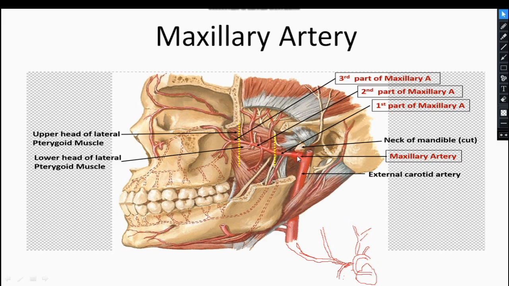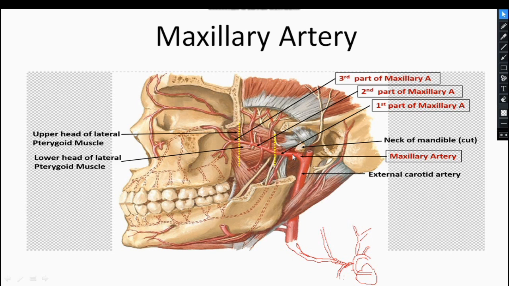This branch is the maxillary artery, and the maxillary artery is the larger terminal branch of the external carotid artery. Now we can see here, this is the maxillary artery, and we study the maxillary artery in three parts. First part, second part, and third part.